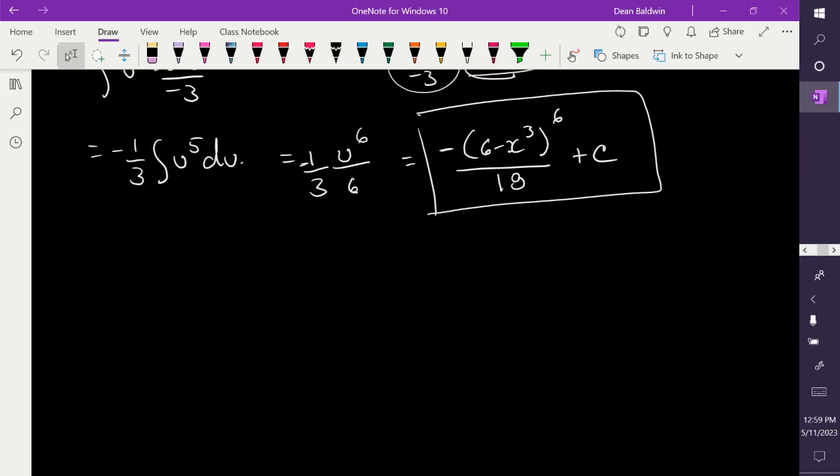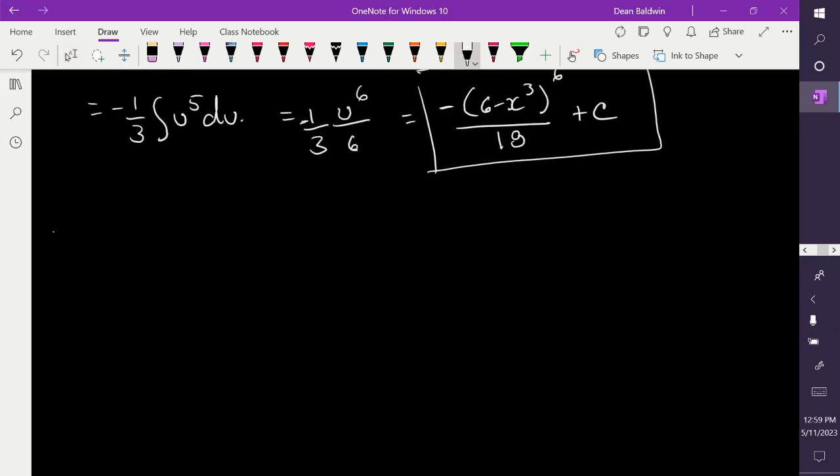Do a trick one. Actually, cosine 5x dx. All right. You don't know how to integrate this.